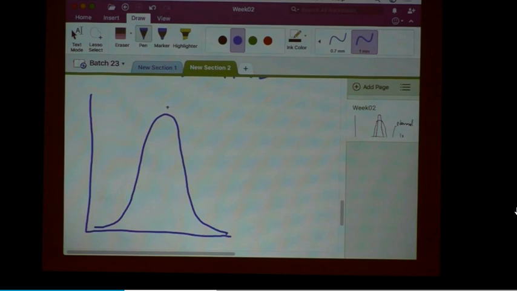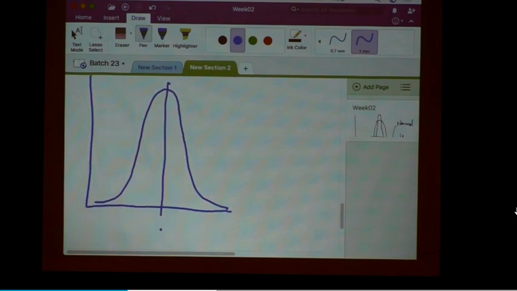And over here I need to draw this also. So what is this number here? This is 211. This is my population distribution, and 46 was the standard deviation.